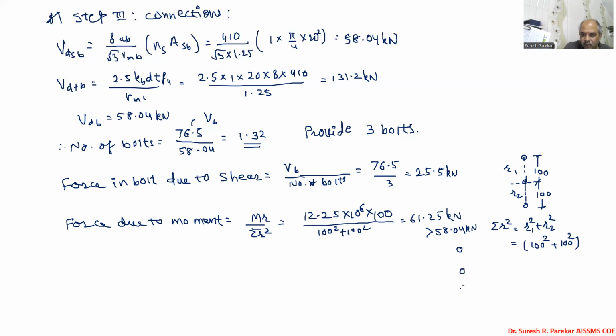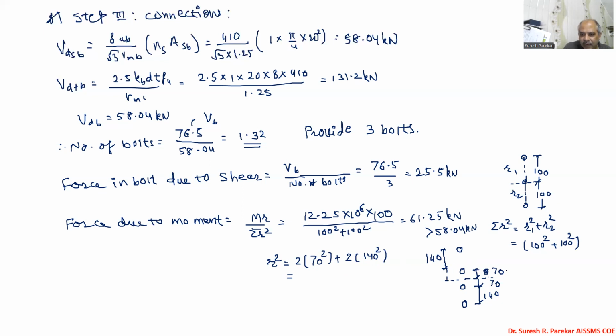Let us say this will be at the center now. I will increase this distance to 140, so that this will be 70 and this will be 70, and then we have this as 140. So what will be r square? We have 2 times 70 square plus 2 times 210 square, because we have 140 plus 70.